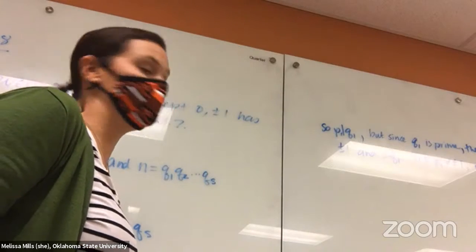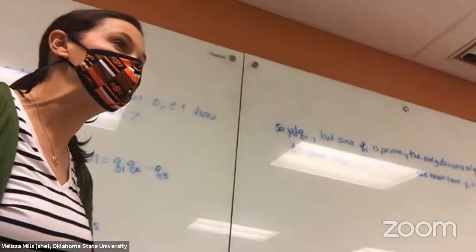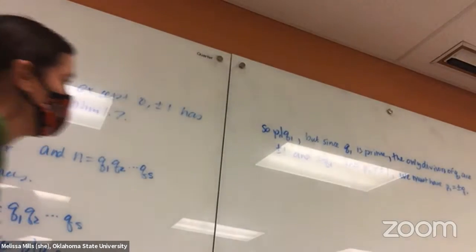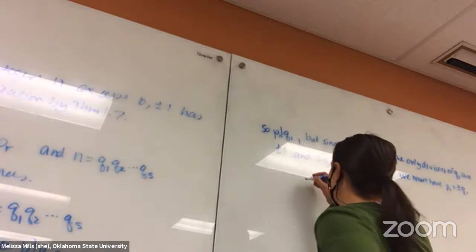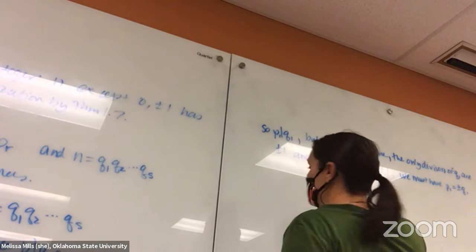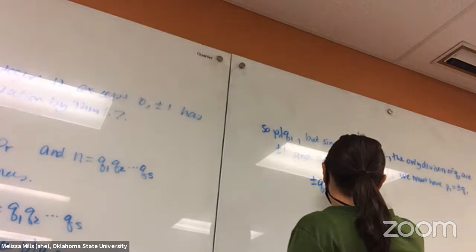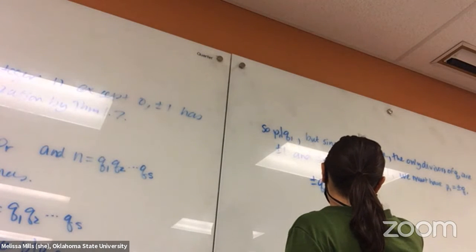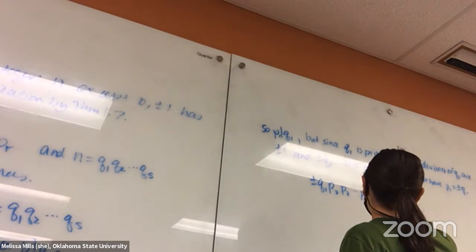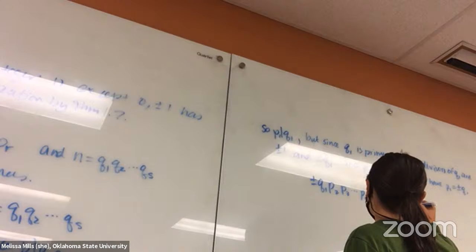And then we do this annoying thing where we continue in this manner, right? That's going to be what we're going to do. So we're going to get that P1 is plus or minus Q1. So I'm just going to replace P1 with plus or minus Q1, P2, P3, and so on, PR equals Q1, Q2, QS.